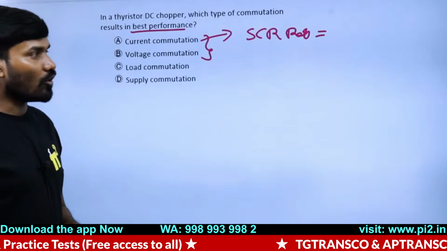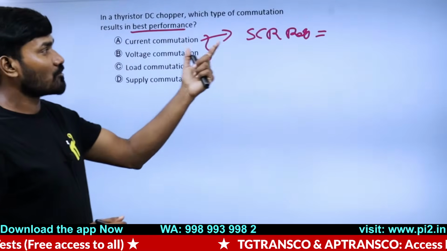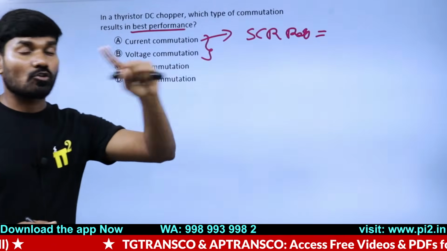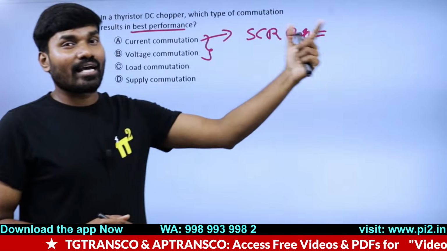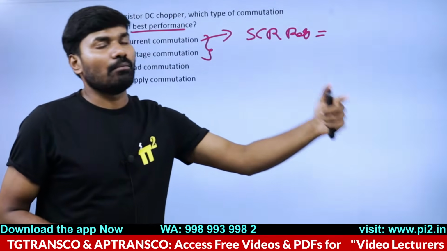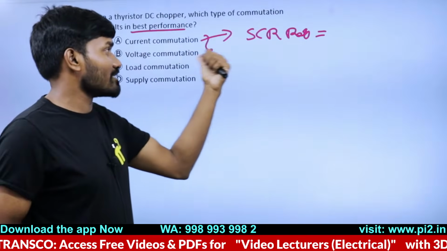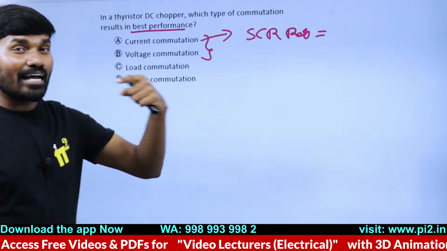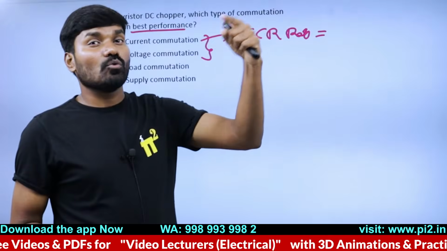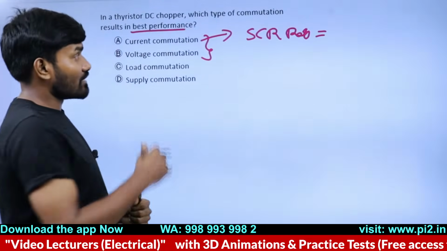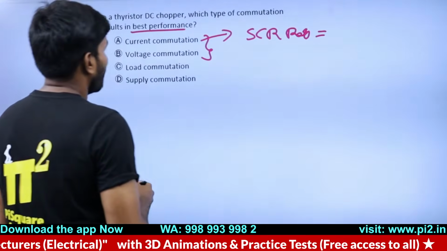But in case of voltage commutation, that is not true. If the load current is 10 ampere, what is the maximum current carried by the SCR? 10 ampere plus I naught into root C by L. Anyway, some extra current is there.